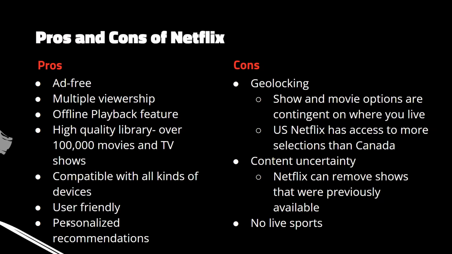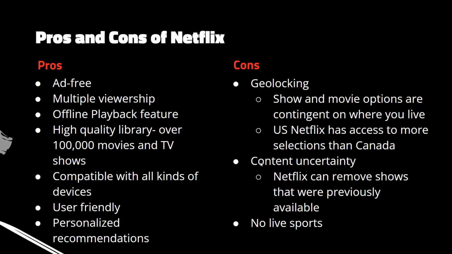Some of the cons are it includes geolocking, which means that when you're in certain locations, you have access to shows, but if you change locations, you won't have the same access, or the same shows and movies won't be available across the planet. So for example, the US Netflix has more access to selections than Canadian Netflix.